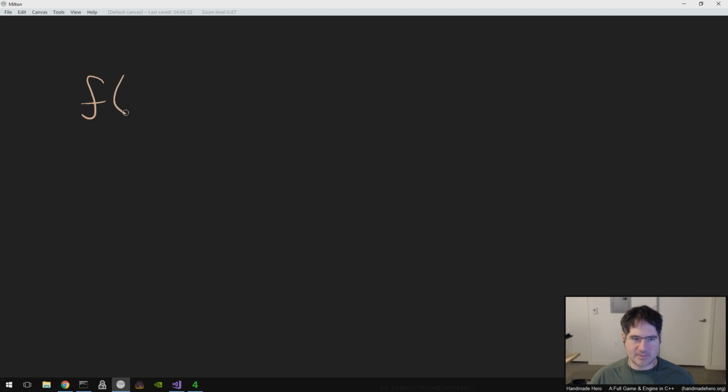So if I say my f of t equals the initial position plus the delta p, right? I don't want to call it delta p because that's going to be hard to put into a computer algebra system. So I'm going to call that d for delta, right?